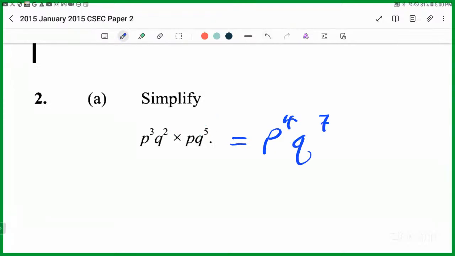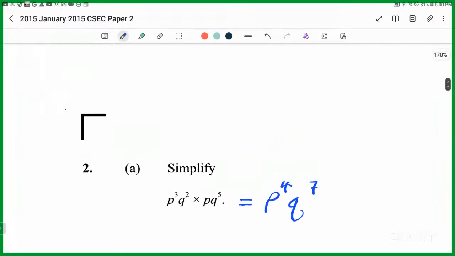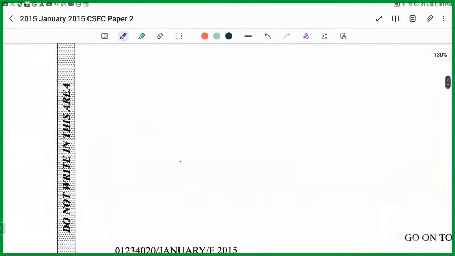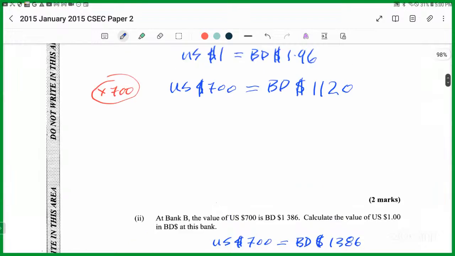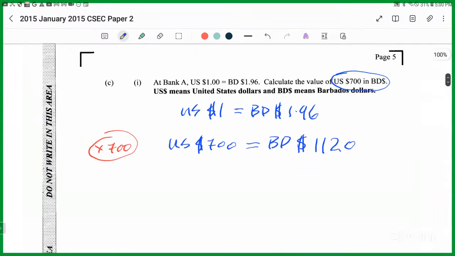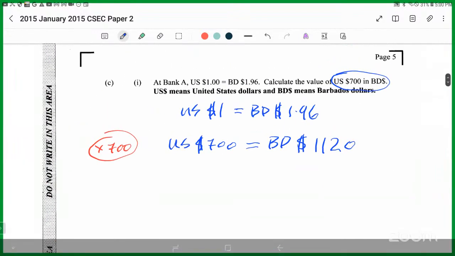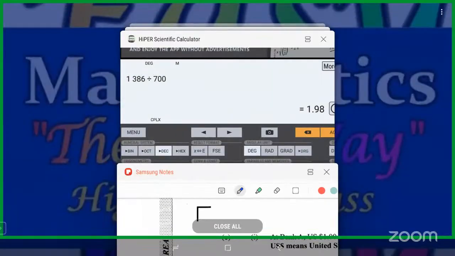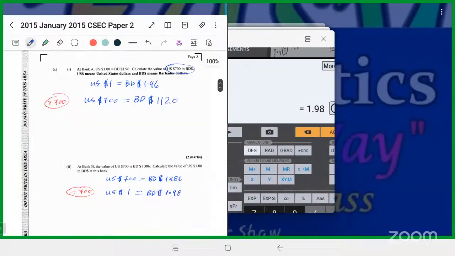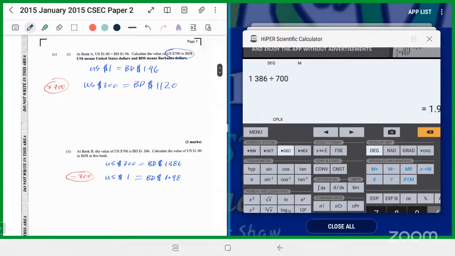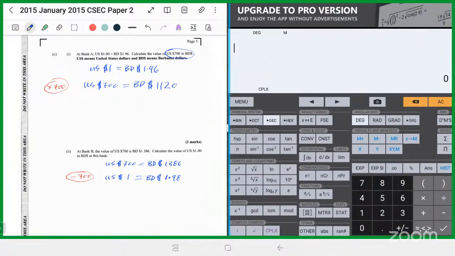Excuse me, sir. Yes? For the same question C1, when I multiply the $1.96 by 700, I got 1,372. Let me check my calculator. I'm not sure if I'm doing the right process, but maybe I entered something wrong.